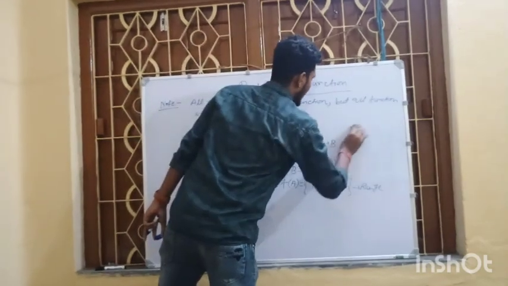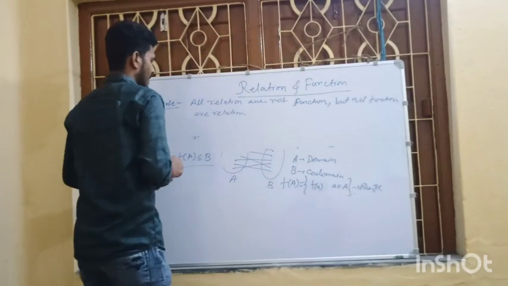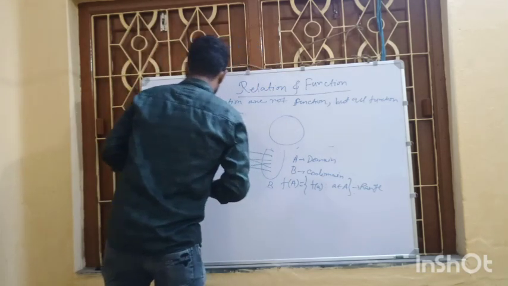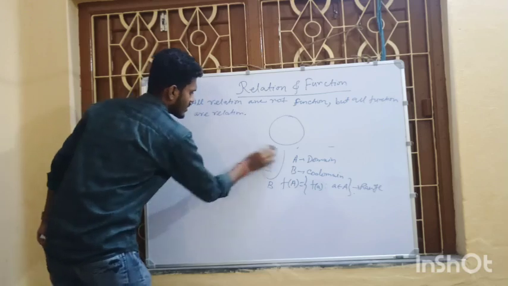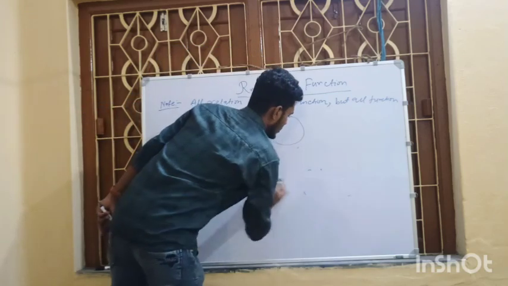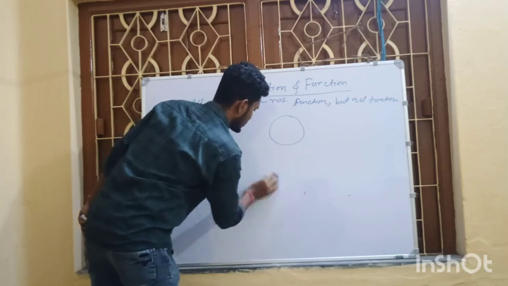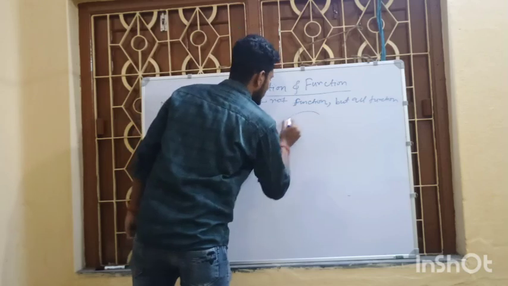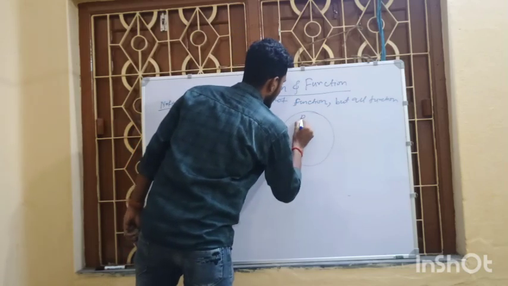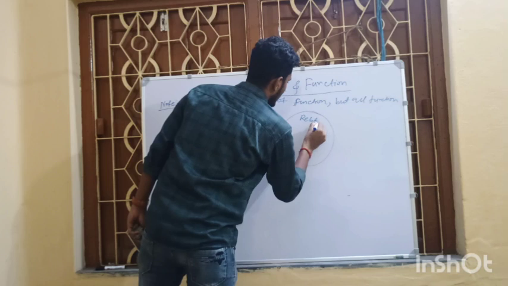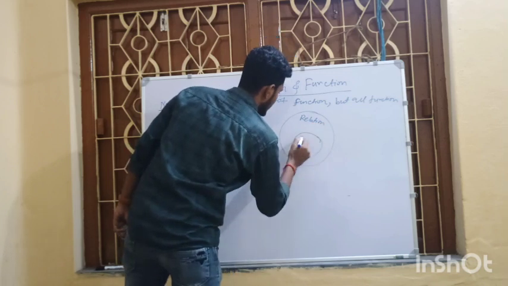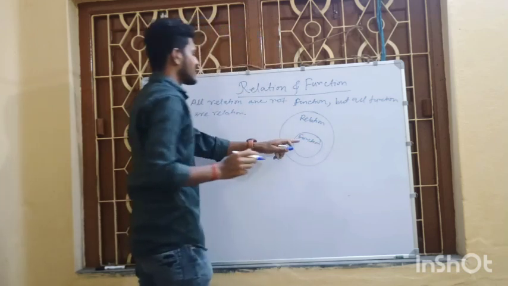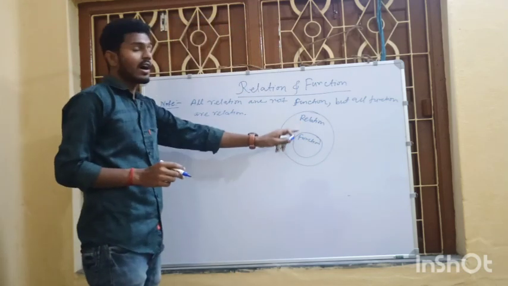Okay, next diagram. This is the whole set of relations, and this is the subset of functions. So every function is a relation, but not every relation is a function.